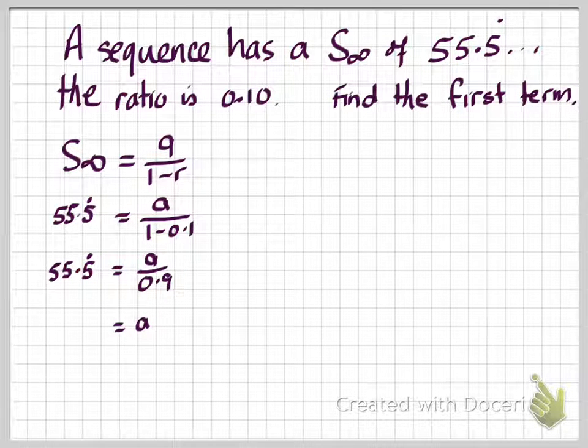So we take the 0.9 as the denominator and multiply it to the other side, and that gives us 50. Make sure you put 55.5 reoccurring on your calculator, lots of 5s, or use 5/9 if you want a totally accurate value.